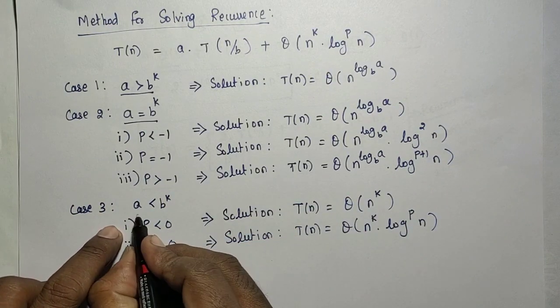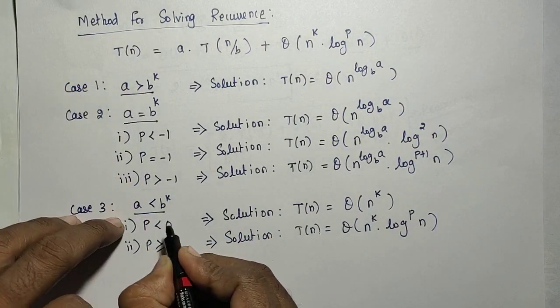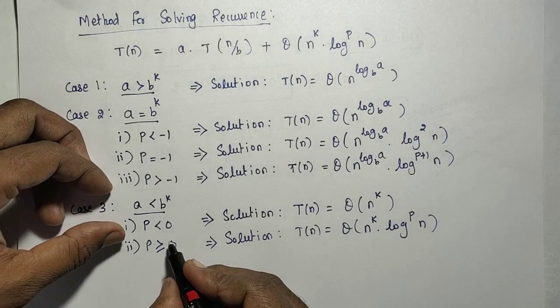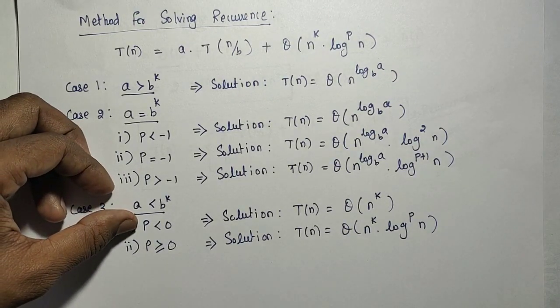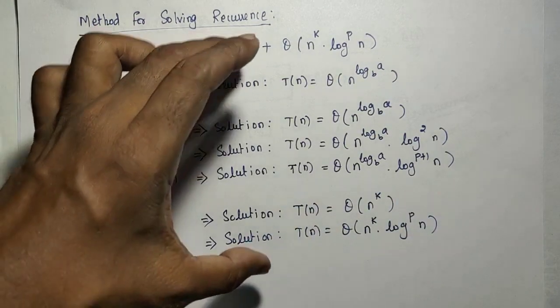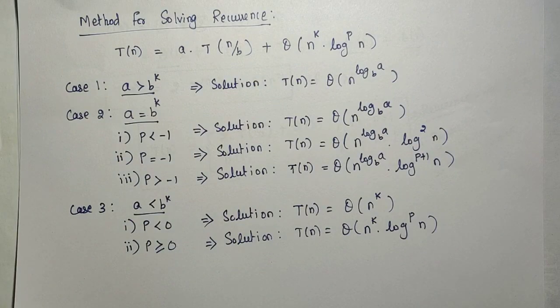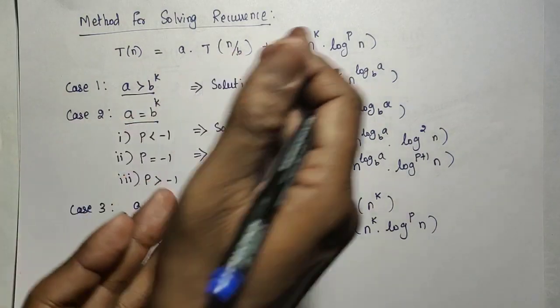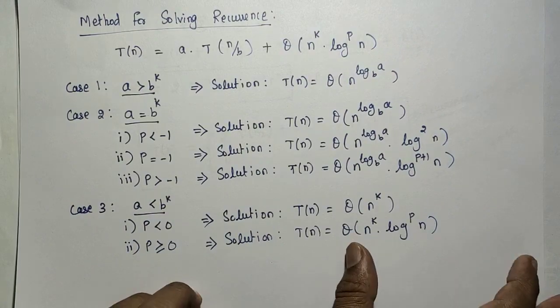Case 3: a less than b power k, with 2 sub cases, p less than 0 and p greater than or equal to 0. So 6 kinds of solutions are there depending on the a, b, k, p values.